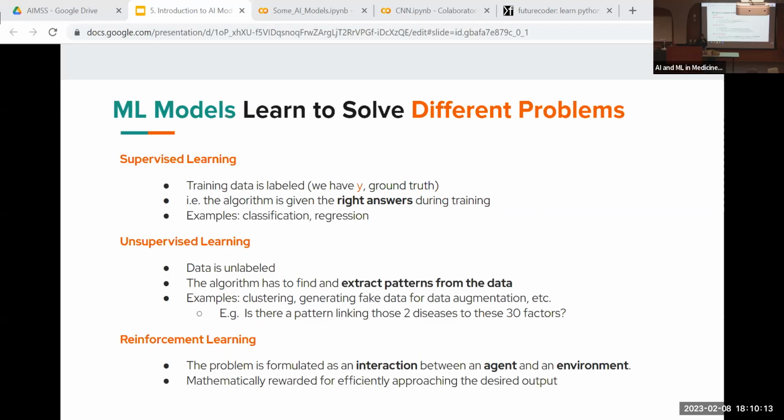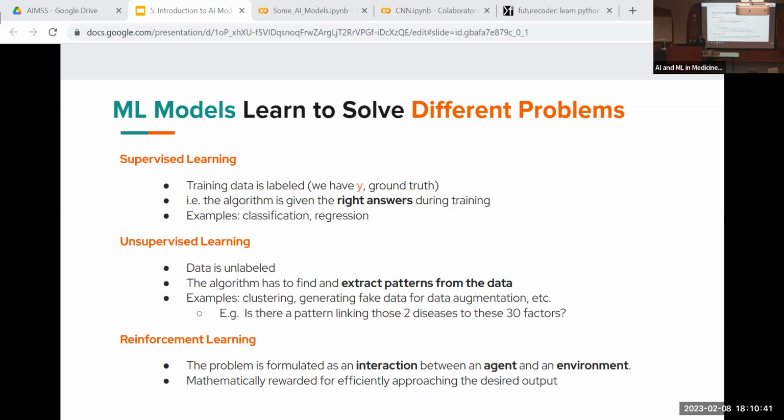So machine learning models can solve different problems. These problems can be supervised learning problems, unsupervised learning problems, or reinforcement learning. So this is one of the divisions of different problems that machine learning models try to solve. In a supervised learning problem, the training data is labeled. It means that we know the ground truth.